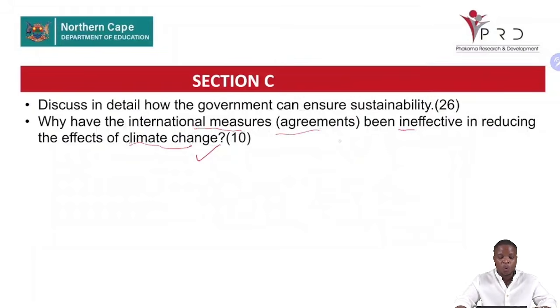Then we'll go through the marking guideline together to see whether your points get a mark or not. Right, your time will start now. Take out your pen and your book and start writing this essay. Then after that, we'll look at the marking guideline. Your time begins now, Grade 12. You may start writing.